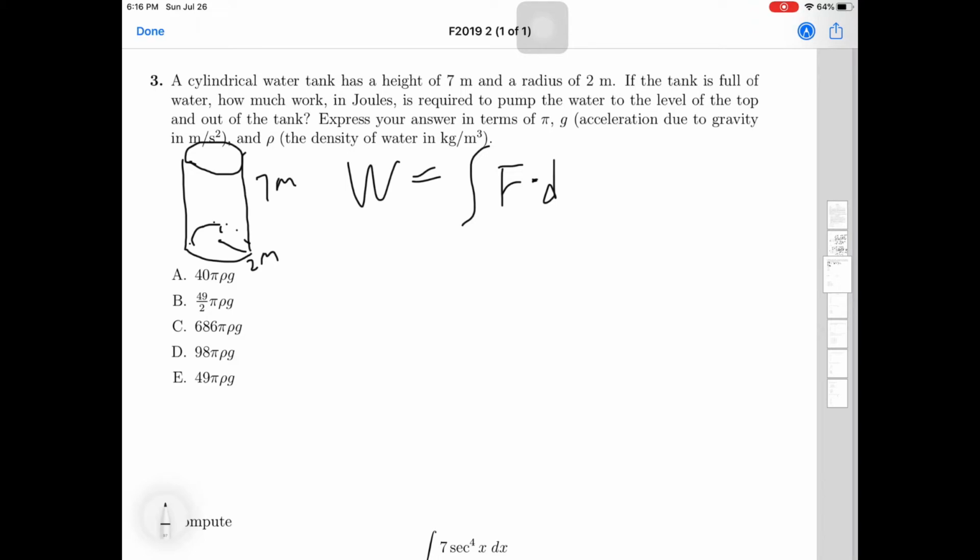Distance would just be the distance from the top. So we can set the top to be the 0 level, and this one would just be x.